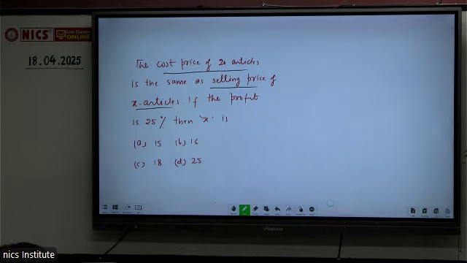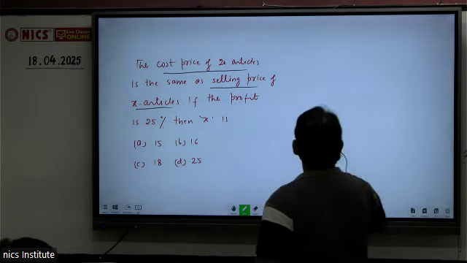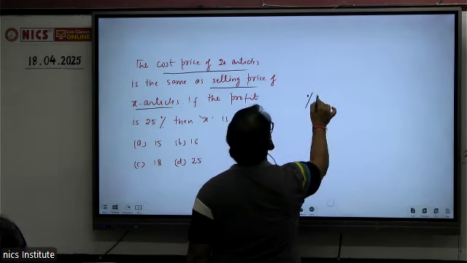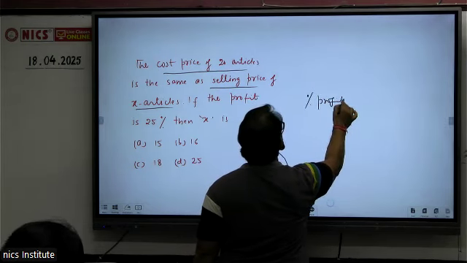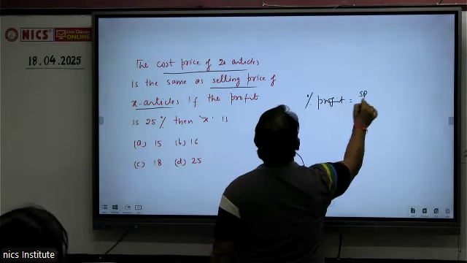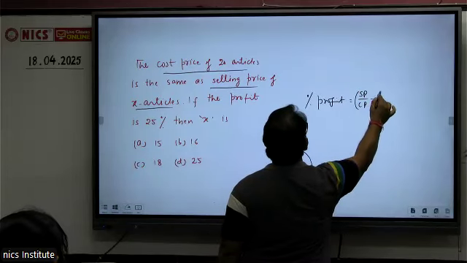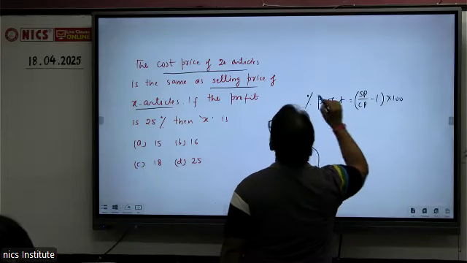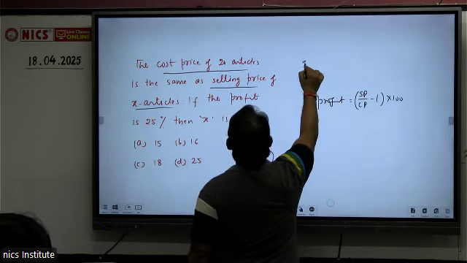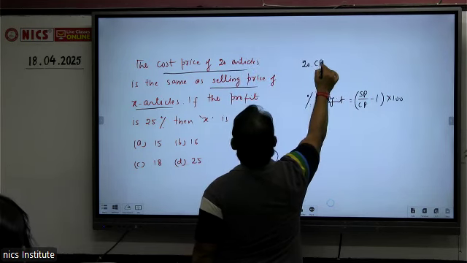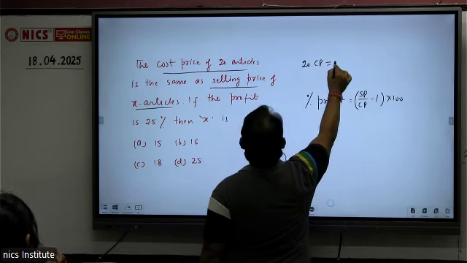Use this. Percentage profit is SP by CP minus 1 into 100, right? According to the question, cost of 20 articles is equal to SP of X articles.